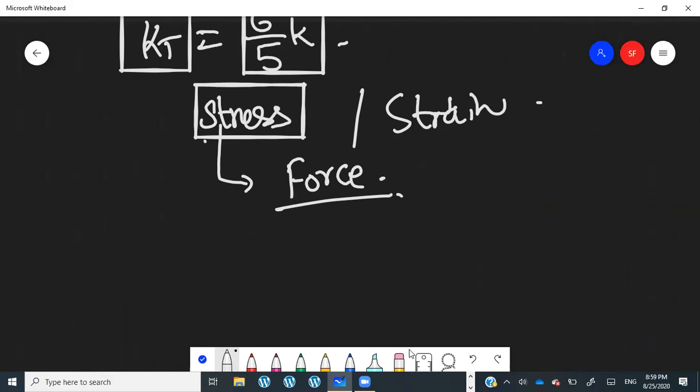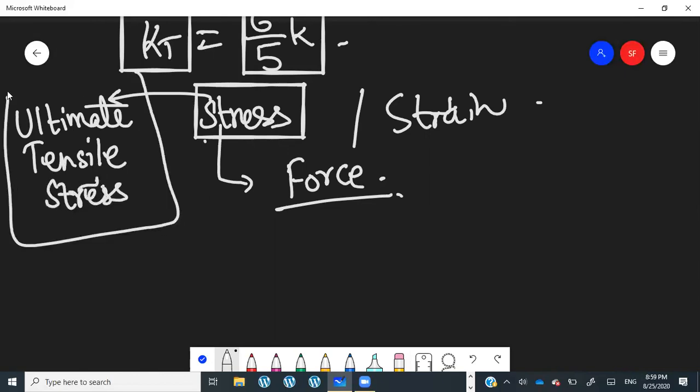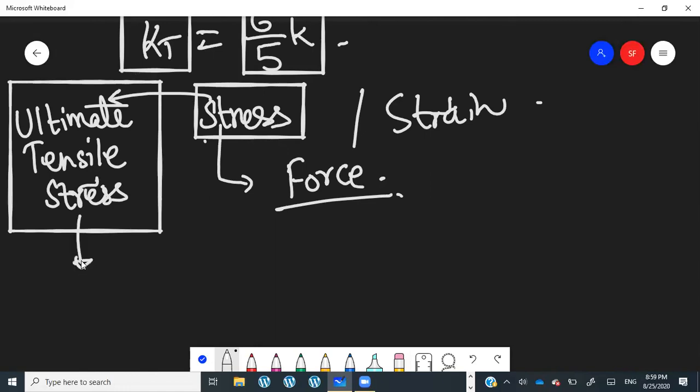The amount of force it can bear before breaking. That's ultimate tensile stress that you just defined. Ultimate tensile stress is actually the amount of stress that an object can bear before breaking.